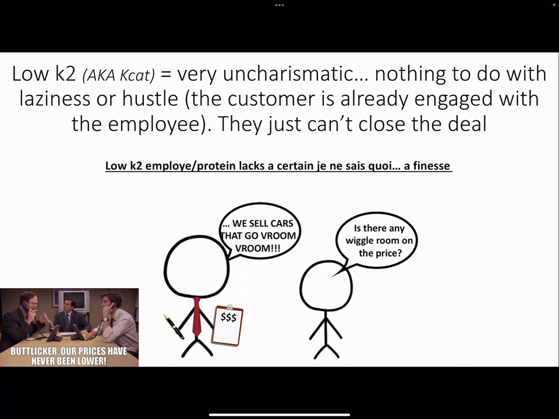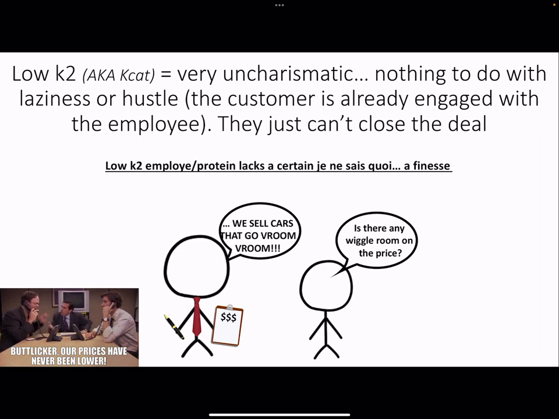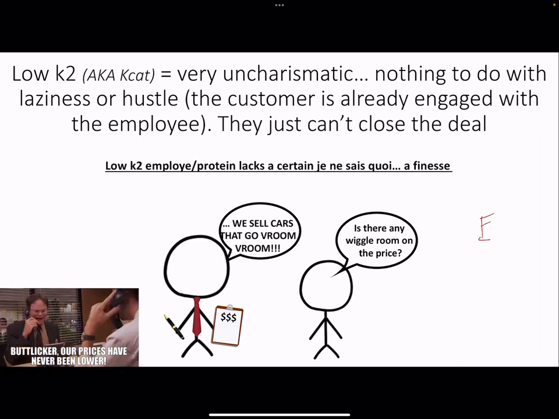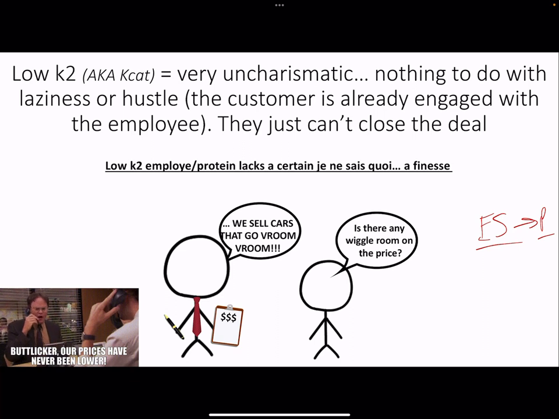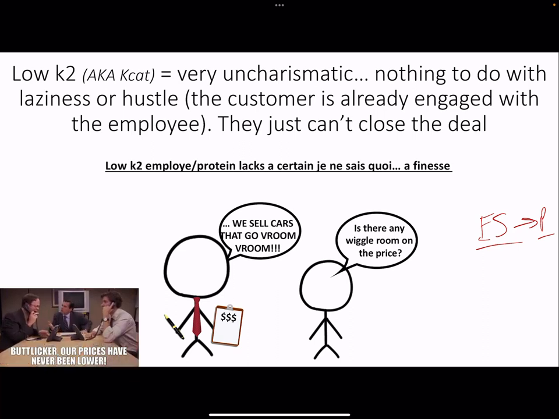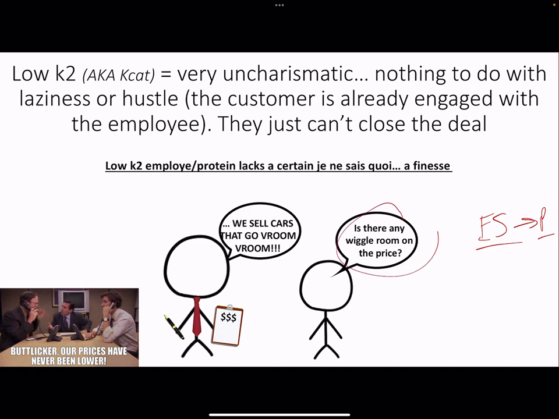This is about charisma, right? It's nothing to do with laziness or hustle. This is once you have a customer in front of you. In other words, once you're in the enzyme substrate complex, how good are you at generating a product, right? In other words, how quickly and how able are you to close the deal? So a low K2 employee lacks a certain finesse, where someone says, hey, is there any wiggle room on the price?